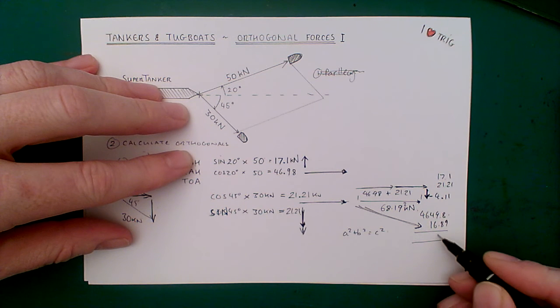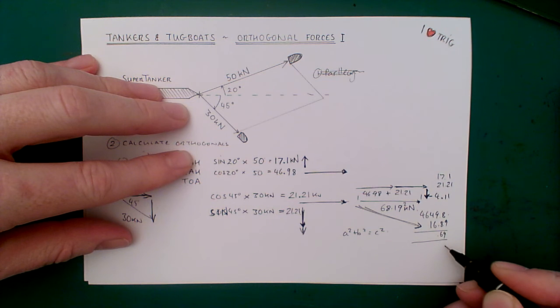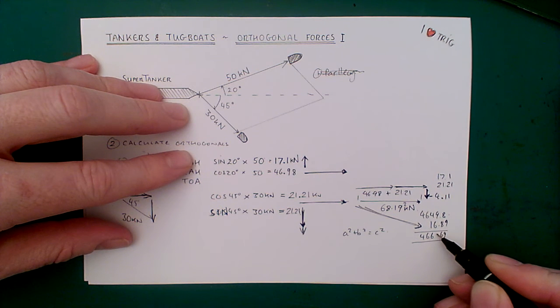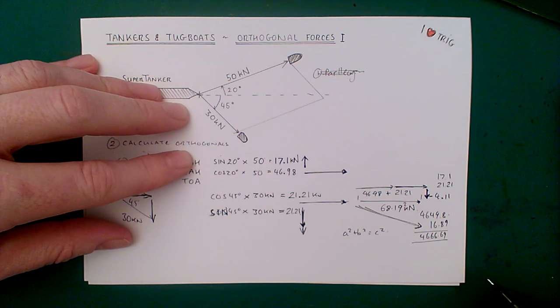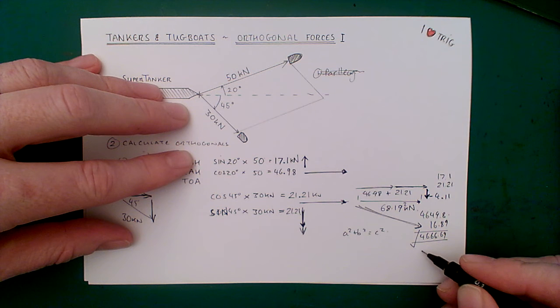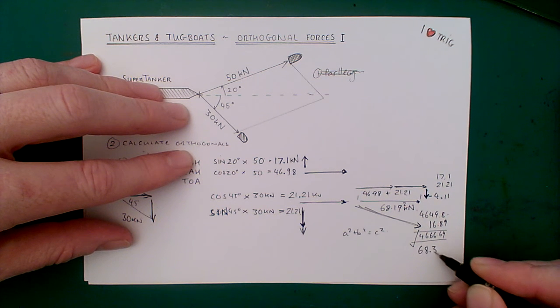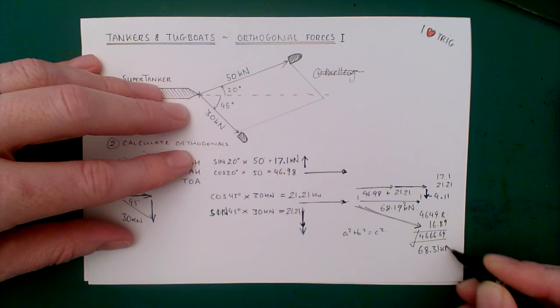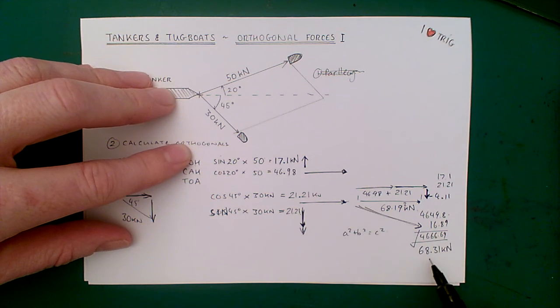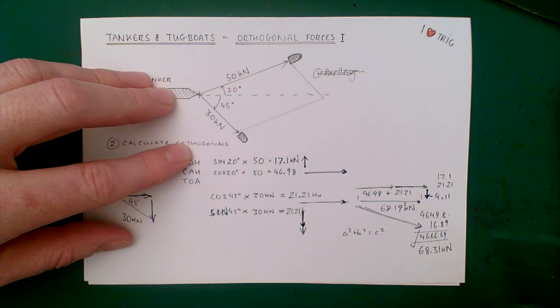Add them up, that's 4666.69. Don't worry, I'm using a calculator for some of these. The square root of that would be 68.31 kilonewtons. So we've got that direction at 68.31 kilonewtons because we've done a squared plus b squared equals c squared.